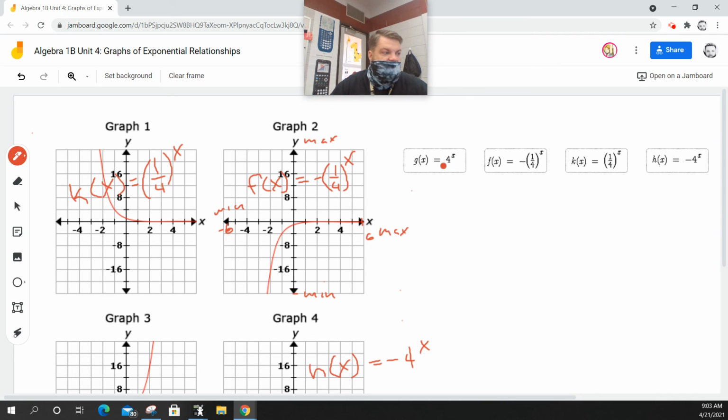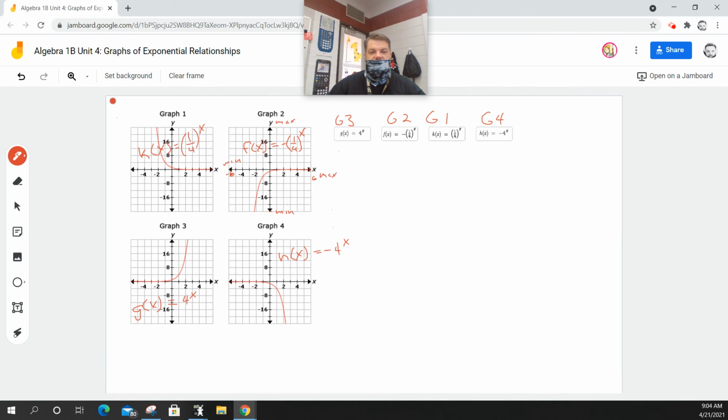So just to recap, this is graph 3. This is graph 2. This is graph 1. And this is graph 4. Does that make sense? Let me zoom out so you can write that down. Make sure that you have them all labeled correctly.